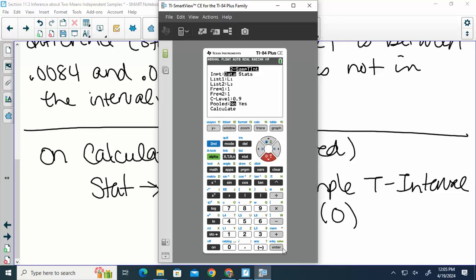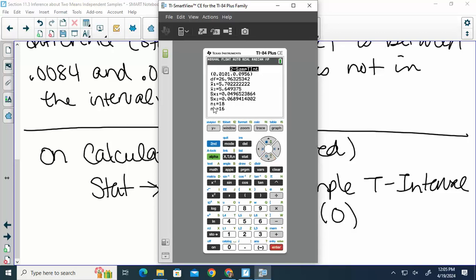If you had to do stats, you would have to enter the mean, standard deviation, and number for both of them. So nothing too crazy. For data, just make sure list 1 is L1, list 2 is L2. Frequencies are both 1. What was our confidence interval? Pooled, just keep that as no always. And then calculate.